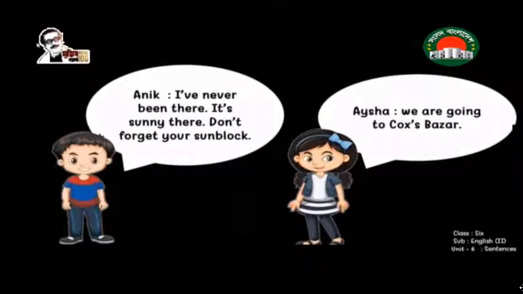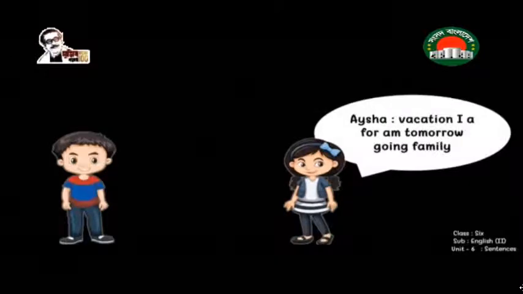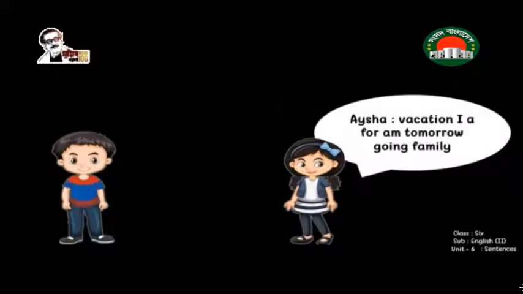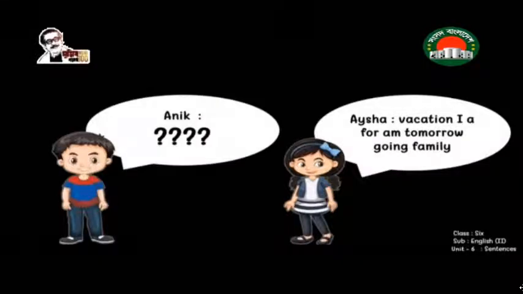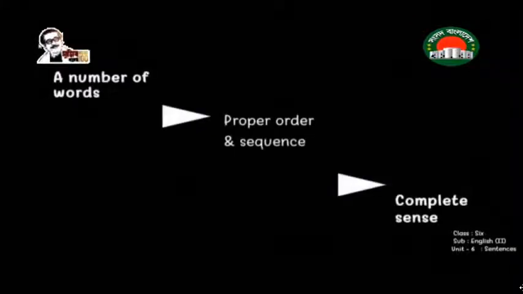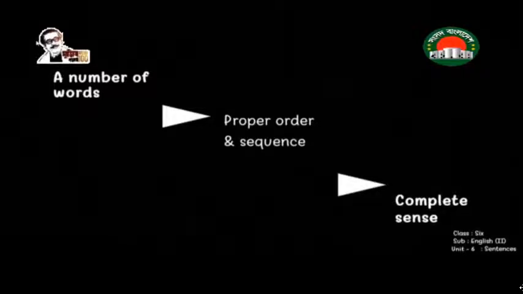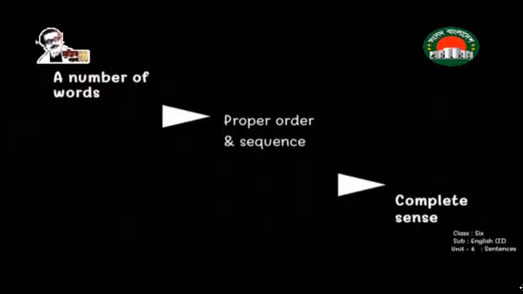If the sequence changes, like if Aisha says, vacation I for and tomorrow going family, that just wouldn't make sense. They are understanding one another clearly because each of these examples has a number of words arranged in a proper order, and the words are arranged in a sequence that makes complete sense. So remember the points: number of words, proper order and sequence, and a complete sense.